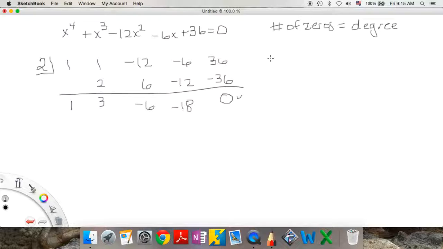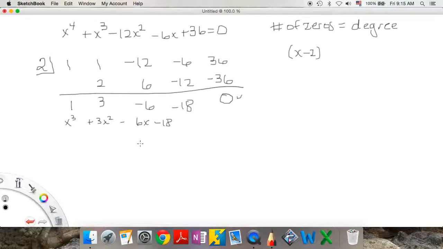So one of the factors of this is x minus 2. Now here, we've got x cubed plus 3x squared minus 6x minus 18. So if I take this polynomial and divide it by x minus 2, that's my answer.